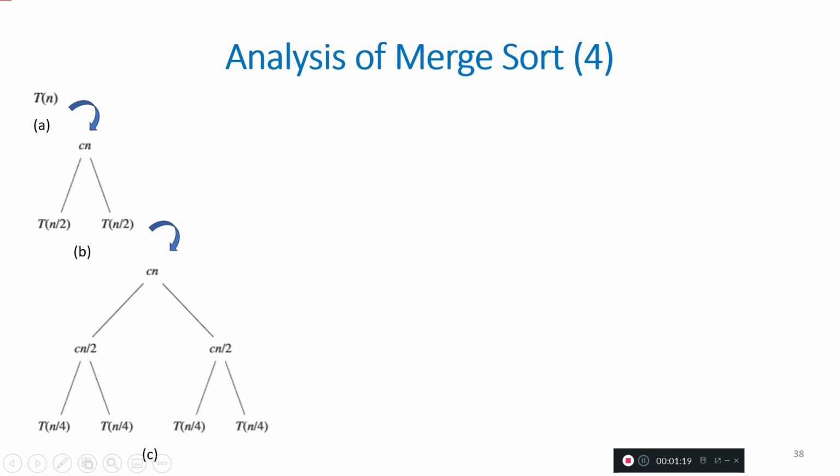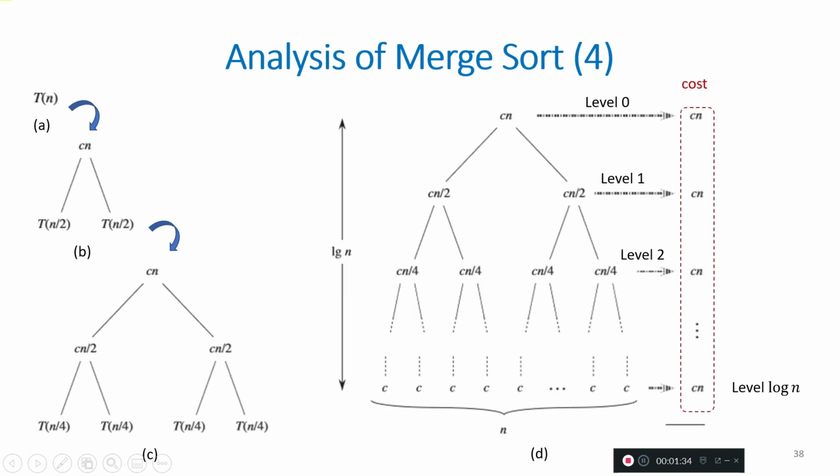So T of n divided by 2 can be replaced by c times n divided by 2, each again being divided into halves, where n divided by 2 would give you n divided by 4. Keep doing this until you expand the whole tree and you reach the last level where the size of each problem is 1. That means there are n single-sized arrays on the last level.